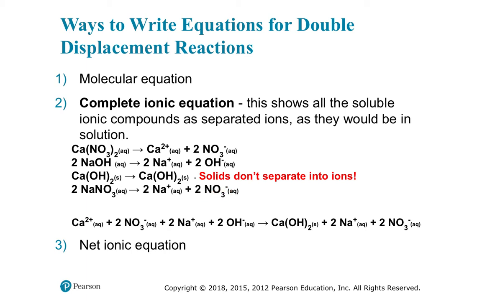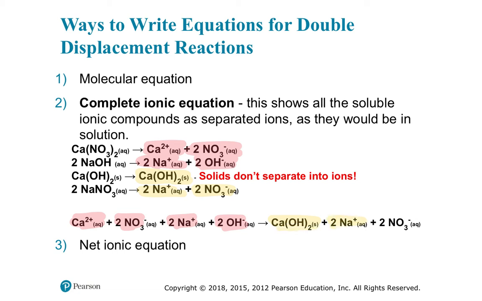Okay. So if we write out the complete ionic equation, we are going to write out Ca2+. So we're going to write out our reactants here in their ionic form. And we're going to write out our products in their ionic form if they are ions.